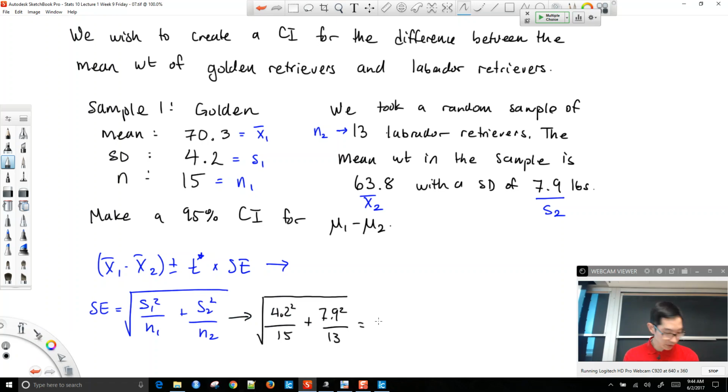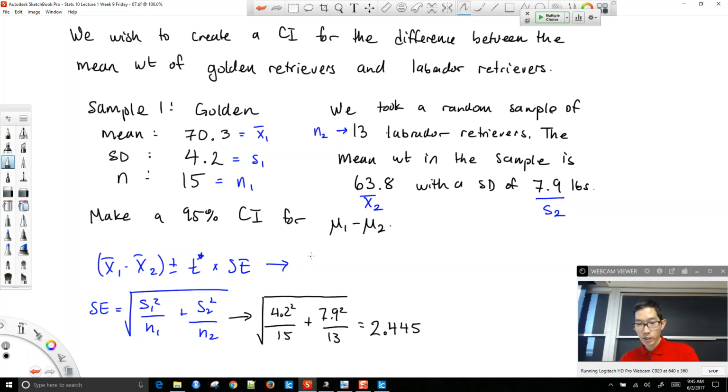When I punch this into the calculator, make sure you know how to use your calculator, okay? You laugh, but sometimes this is the thing that causes issues on the test, and we don't want that to be the case. Don't get a new calculator the day of your test, that's a bad idea. So this is my standard error, 2.445.